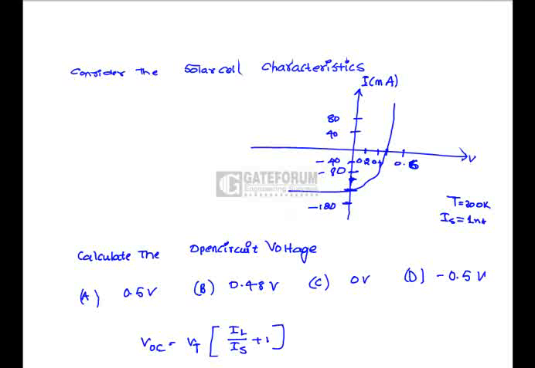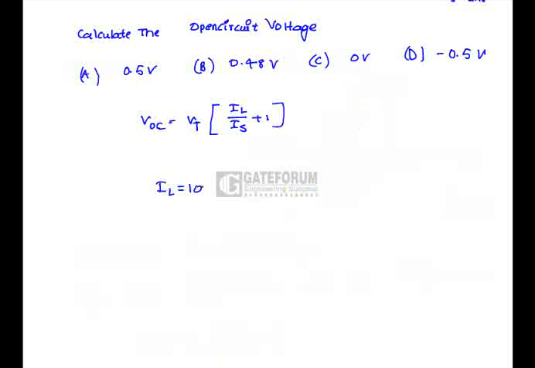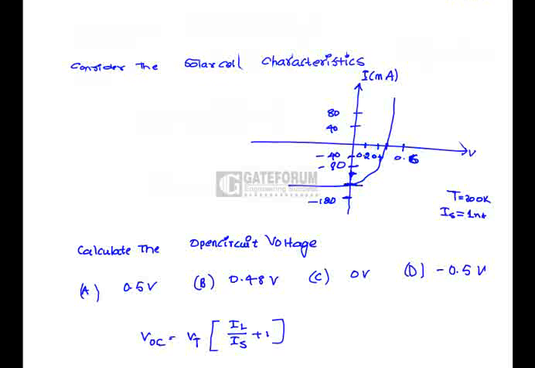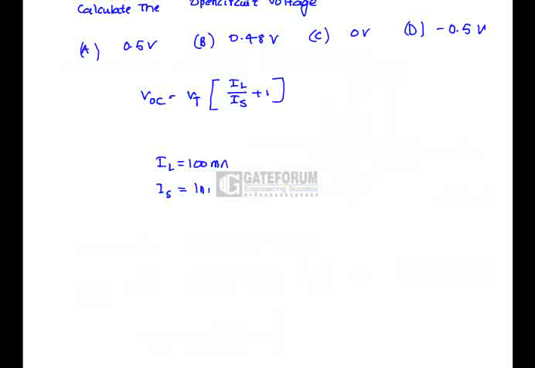We know from the characteristic IL equals 100 milliamp, this one is the IL. IS is 1 nanoamp. If we substitute this, we will get the open circuit voltage as 0.48 volts.